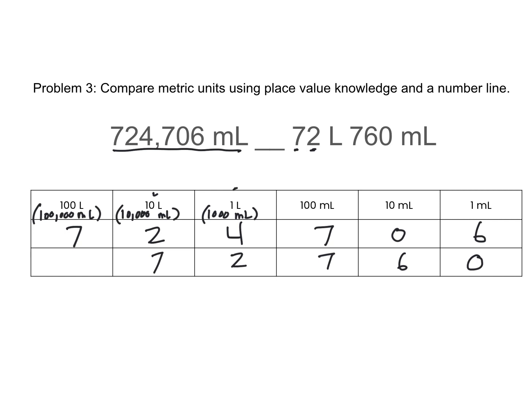So looking at it on this chart, right away you can tell that our first number, 724,706 milliliters, is greater than our 72 liters, 760 milliliters. We could also have figured that out by putting our second number into all milliliters, then we would have 72 times 1,000, which would be 72,760 milliliters. So that's how that would work.